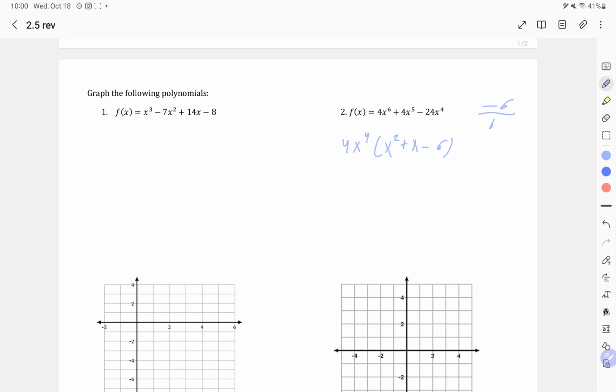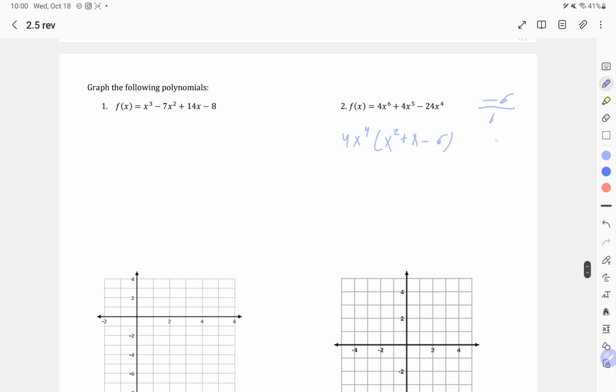Negative, because you can't have a negative like that. The possible roots equals 0, because you can't have that. You can't have that.